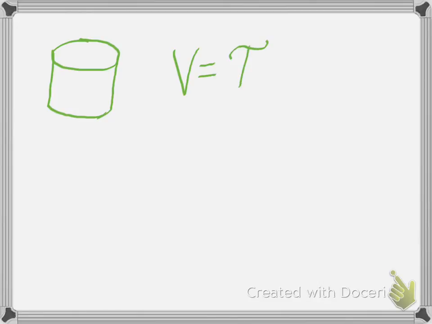Now let's look at a cylinder. So this would be like our glass or our can of Coke or a soup can. So for a cylinder, the formula, if you look on your reference sheet, is pi times the radius squared times the height.